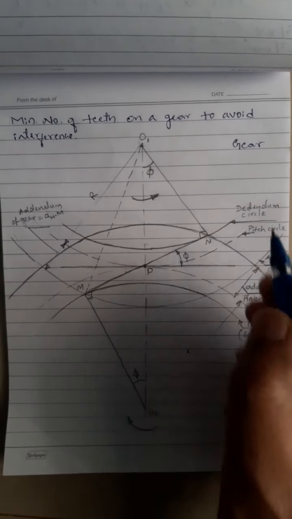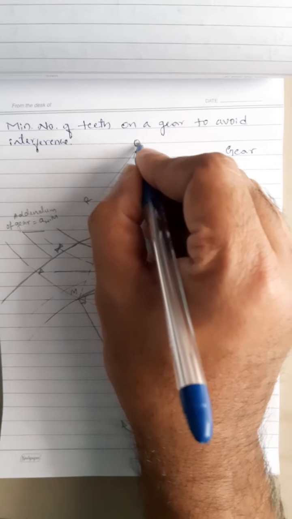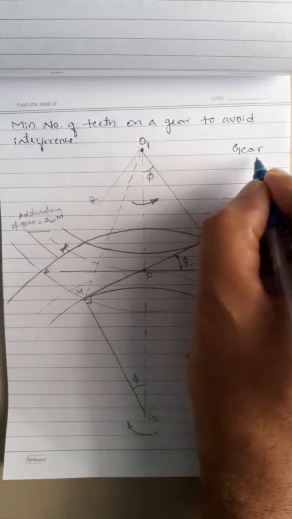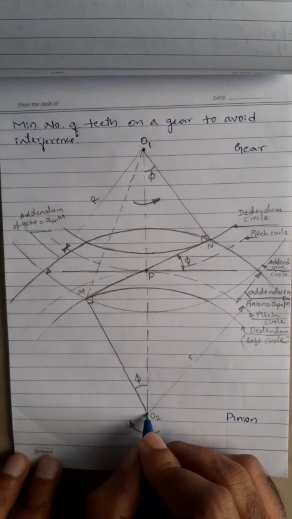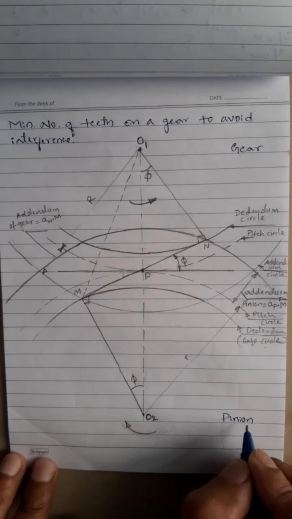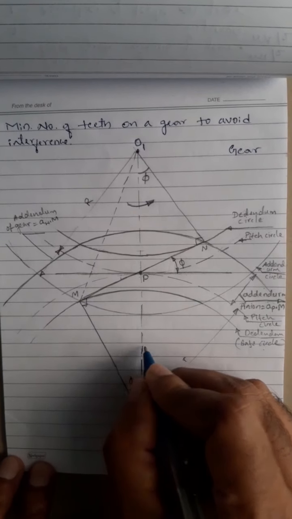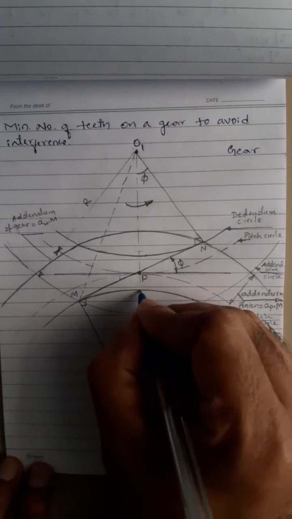So let us consider O1 as the center of the gear and O2 as the center of the pinion. So let us join the centers of the gear and pinion.